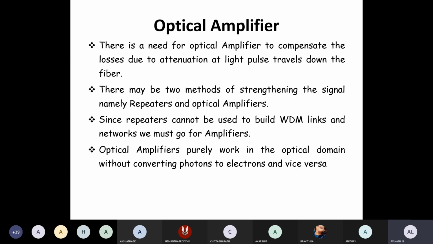The need is very simple: the optical amplifier is required in order to compensate the losses. Where will the losses occur? Losses occur due to the attenuation as the light pulse travels down the fiber.